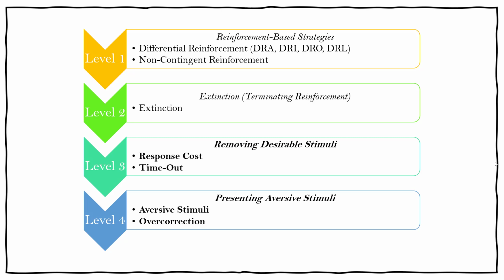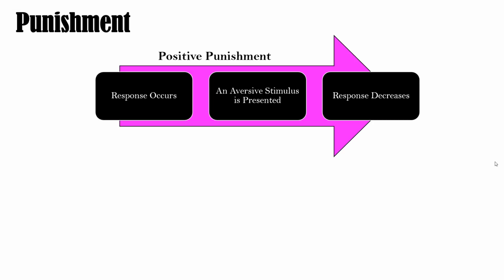And then if that doesn't work, that's when you want to get into levels 3 and 4, which are your punishment procedures. Level 3 is not as intense. Level 4 is the most intense and the most intrusive punishment procedures. But you really want to make sure that you've gone through all of your reinforcement-based strategies before you resort to levels 3 and 4.